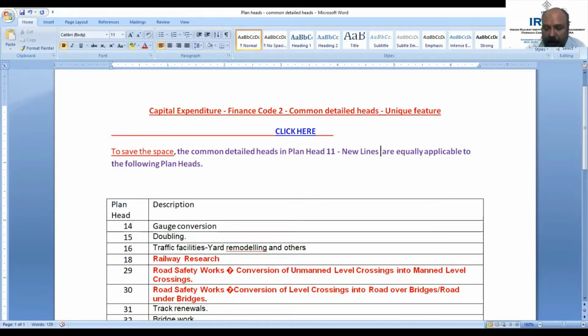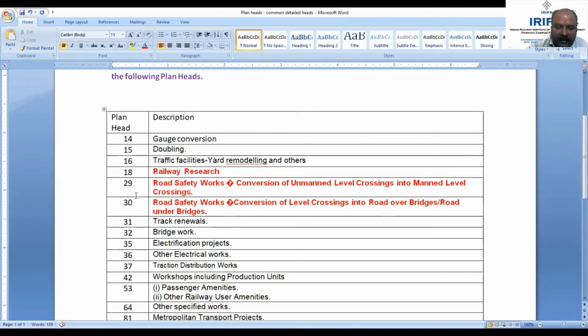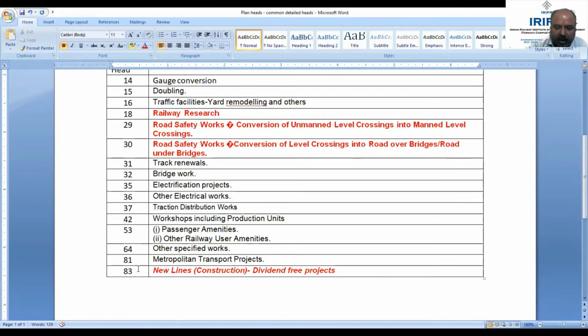They are equally applicable to the following plan heads. So in finance code volume 2, we'll check after this document. Whatever details are described under plan head 11 are equally applicable to plan heads 14, 15, 16, 18, 29, 30, 31, 32, almost all plan heads except a few.